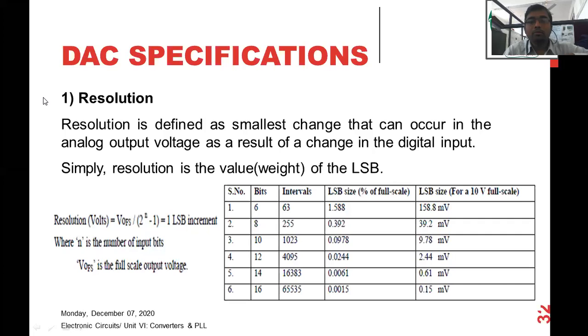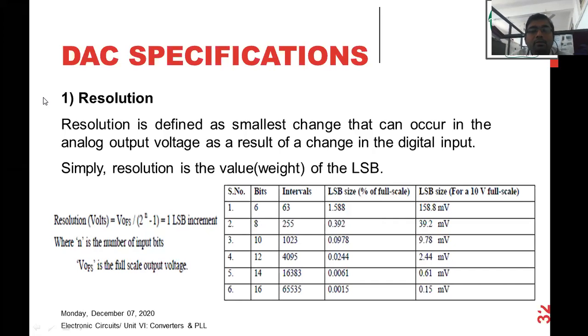Now today we will see some specifications of the digital to analog converter and then the analog to digital converter. First of all, the first specification that I have pointed out here is resolution. What is resolution?